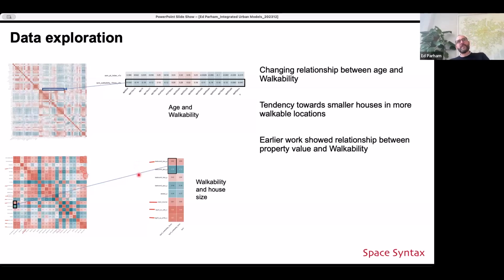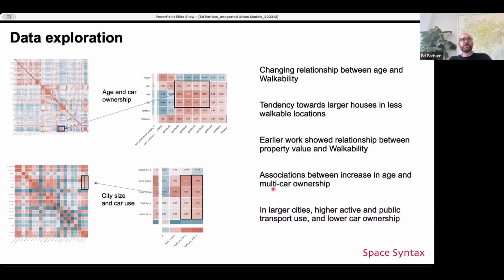And part of this is about this question of density. A bigger house often has more space around it. That pushes the density down, increases the distances between things. So you typically in this country, you don't get many, at least not houses which are affordable for families in very walkable places.